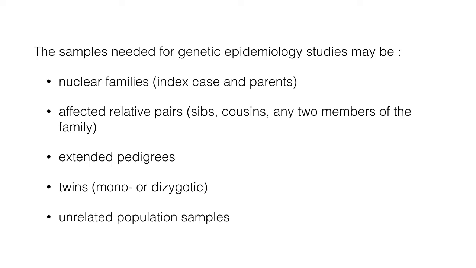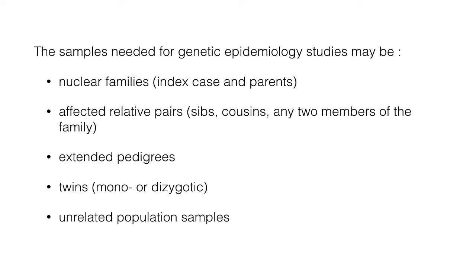The samples needed for genetic epidemiological studies may be the index case and the parents, so we look into nuclear families. We can also look into affected relative pairs, whether there are cousins or siblings who are also affected with the same disease.